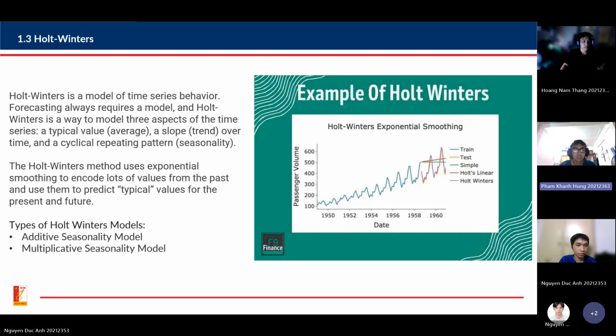The Holt-Winters method uses exponential smoothing to encode lots of values from the past and use them to predict typical values for the present and future. Holt-Winters models have two types: the additive seasonality model and the multiplicative seasonality model.